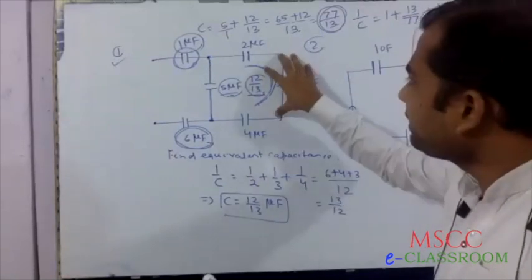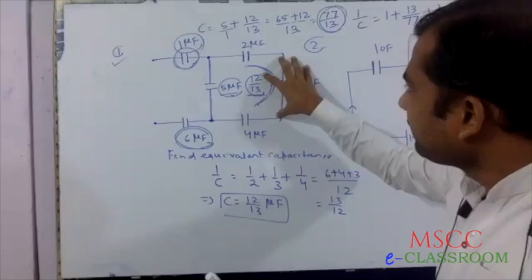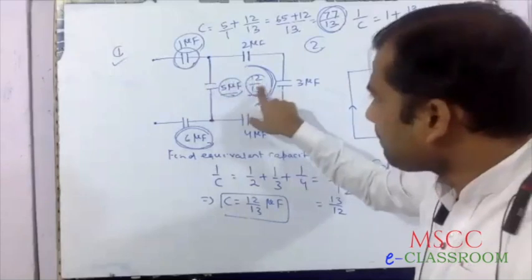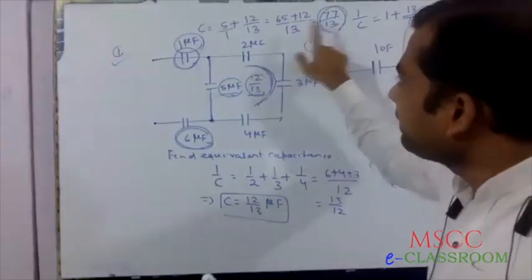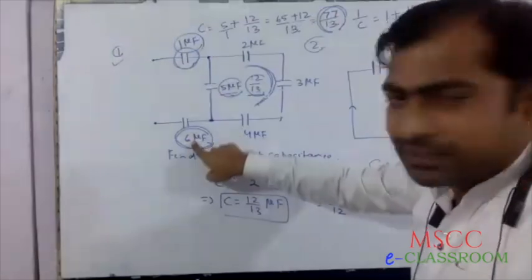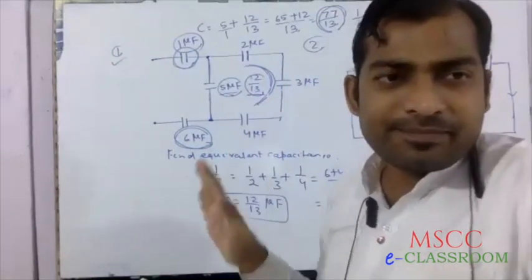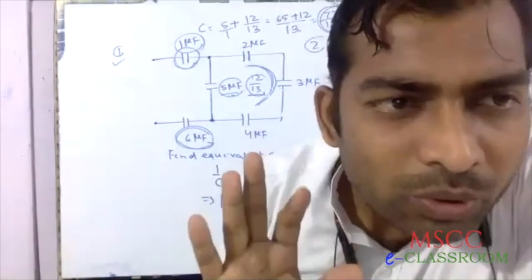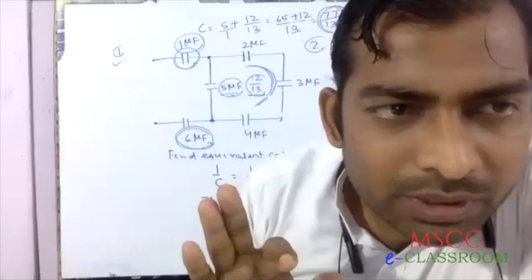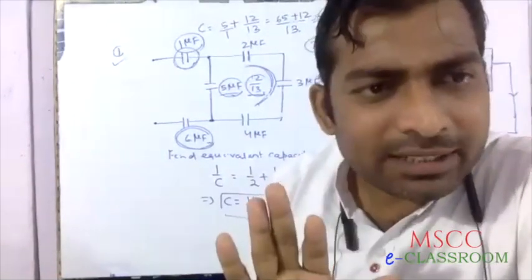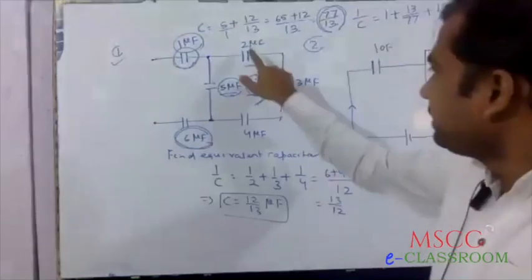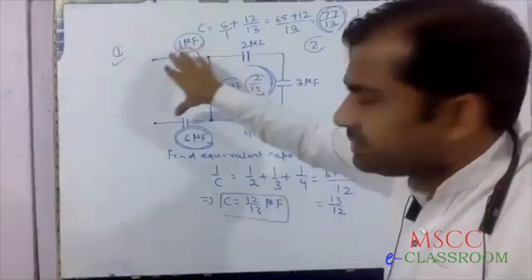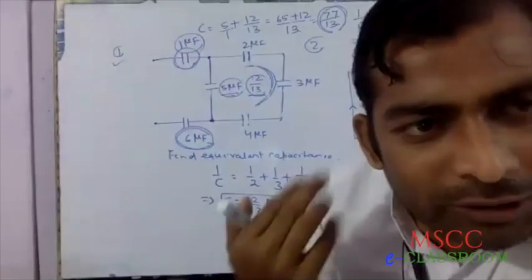First find their equivalent capacitance, then this value and this are in parallel combination, find their equivalent capacitance, then finally this result and this are in series. These three series equivalent, parallel, equivalent series. You calculate yourself.